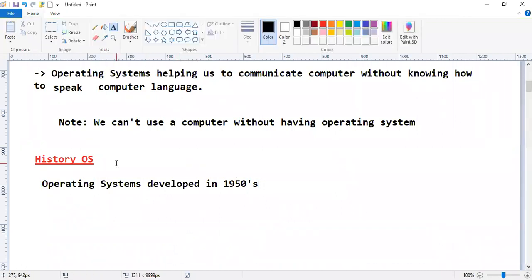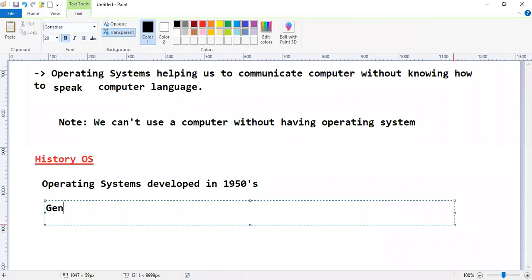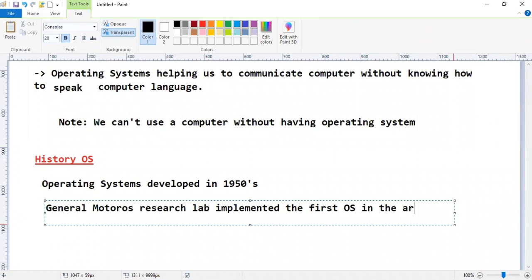Now, which company developed this operating system? General Motors Research Lab implemented the first OS in the early 1950s for their IBM 701 project.